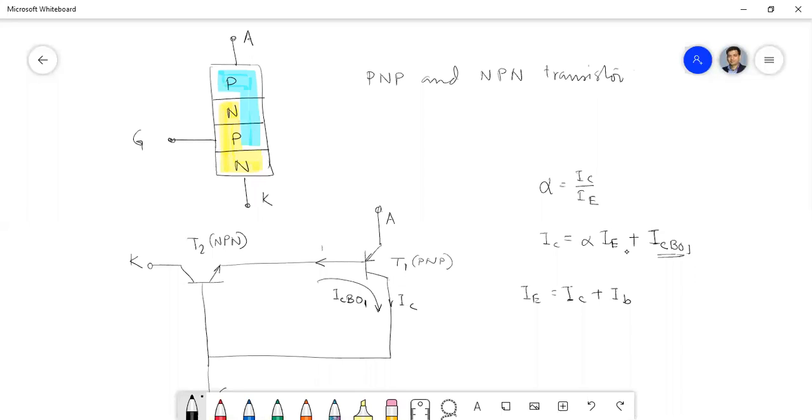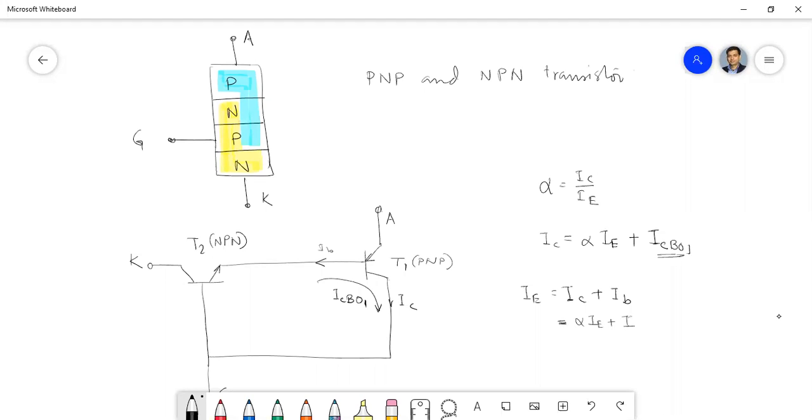In the case of the T2 transistor, the emitter side should be towards K, my cathode.